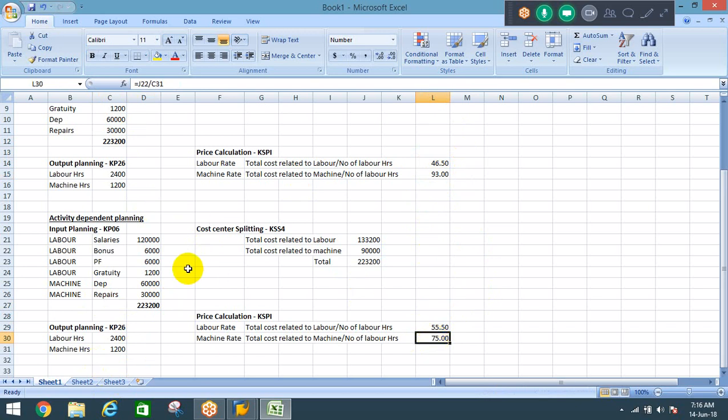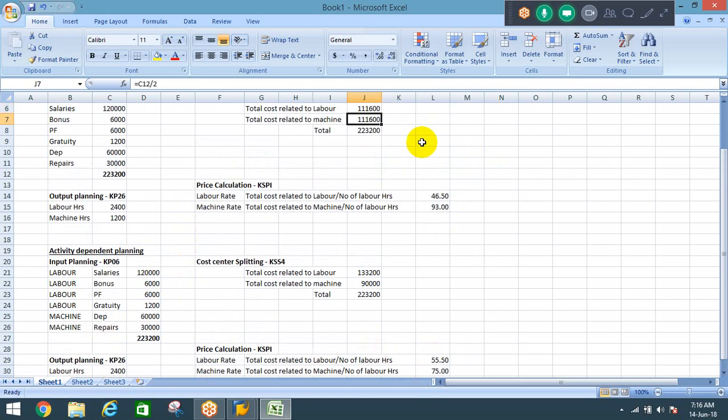But if you analyze, this is the correct price, 55.50 and 75.750, because the machine cost here is 1,11,600. But if you see the cost elements in this cost center, we have only 90,000 related to machine cost. But it is taking 1,11,600. Because of that, we are getting the wrong price.